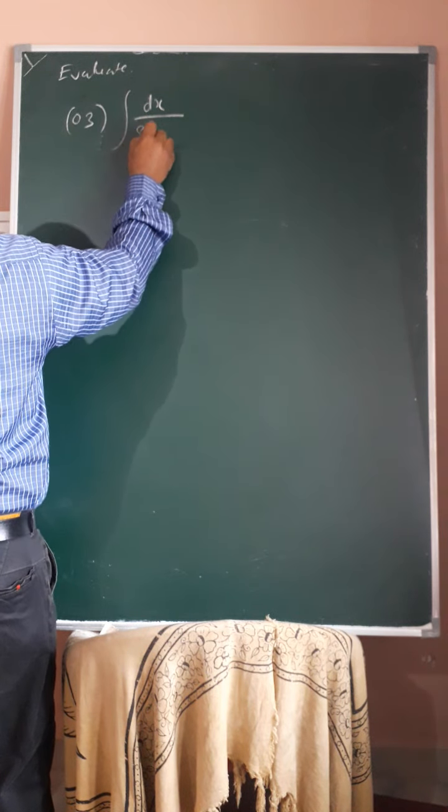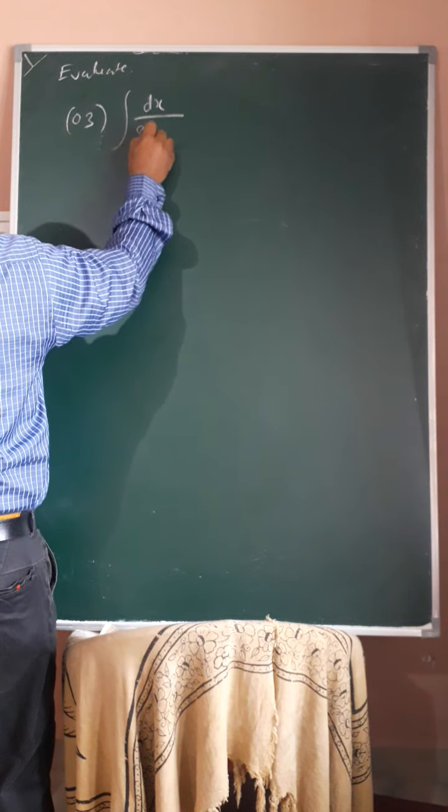Integration of cos x is sin x. Here also, integration of cos of ax plus b dx is sin of ax plus b plus c. The only change is that this is multiplied by 1 by the coefficient. Take an example, cos of ax plus b.